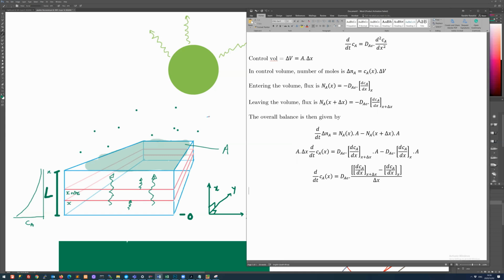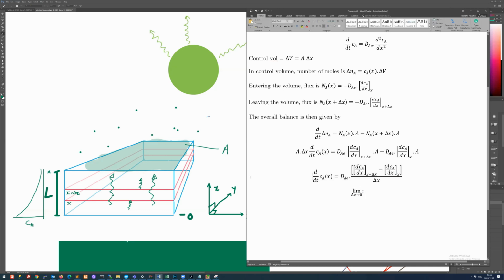So we take the limit, delta x going to 0. So you can see then that that's simply going to give us the second derivative here.